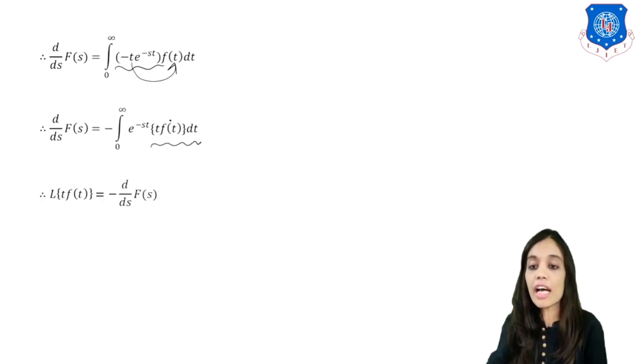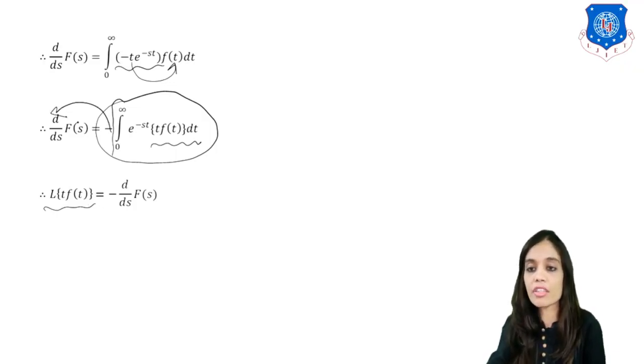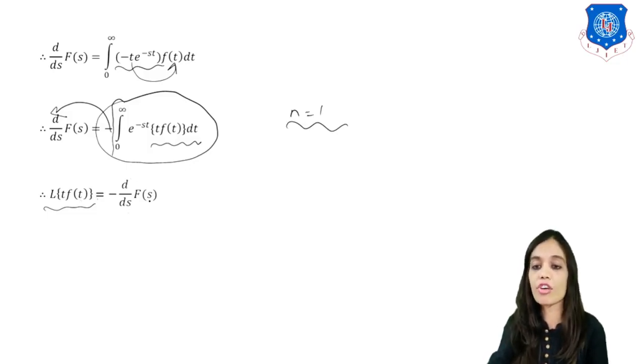Fine. So now we can write this integral as Laplace of t f of t, right? Take this minus sign on this side, so it will be equals to minus d by ds of f of s. So whenever the value of n is 1, Laplace of t f of t will be equals to minus d by ds of f of s. That is, you have to do the differentiation one time. Fine.